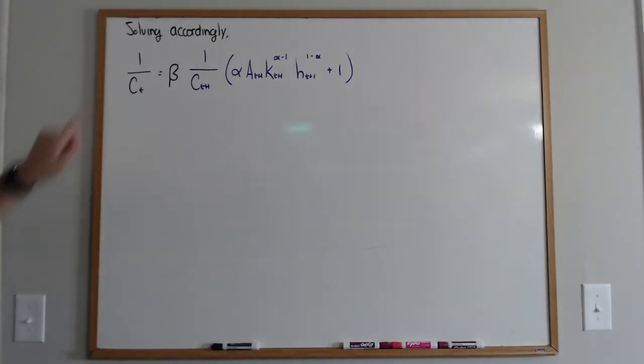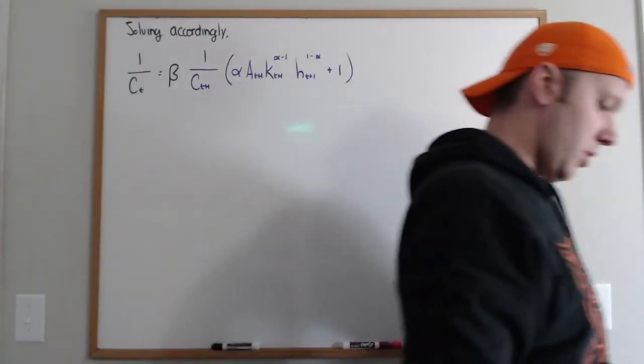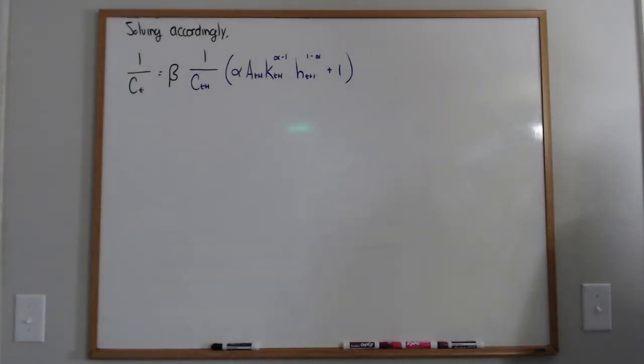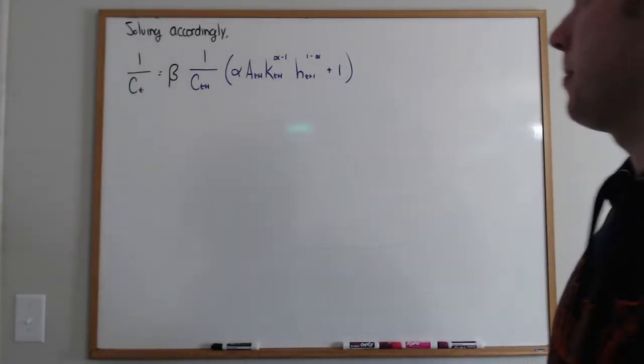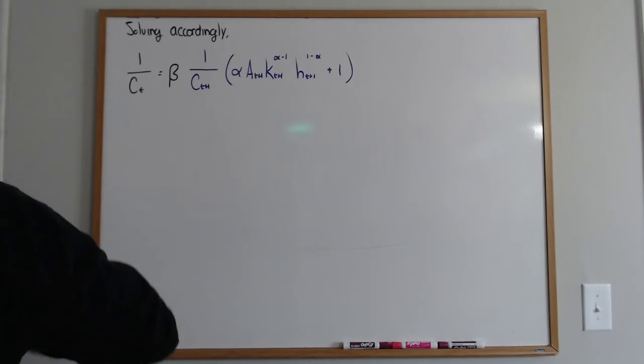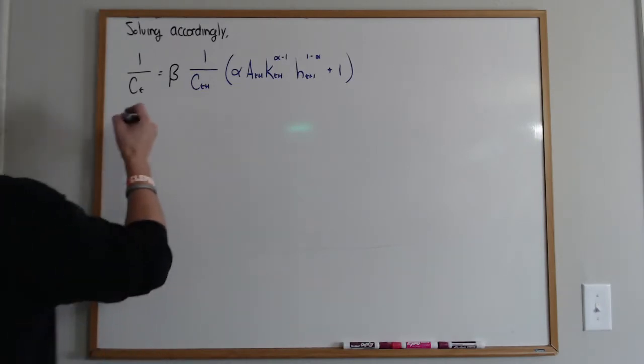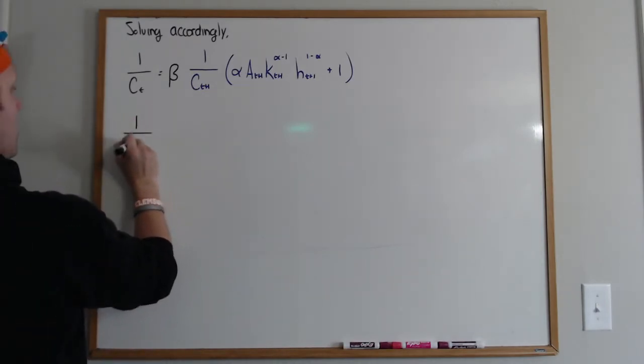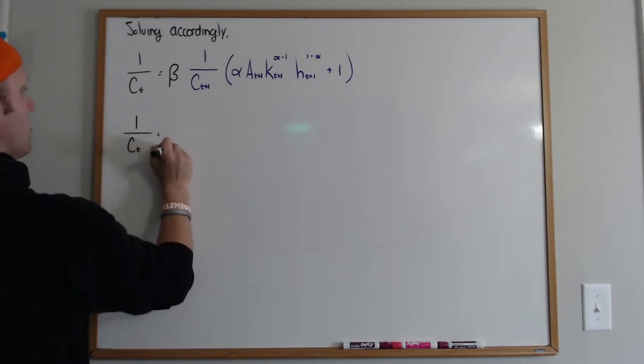So this is my Euler equation for physical capital. But there's another Euler equation that I'm interested in, and it's human capital. So that one gives me 1 over CT equals beta.